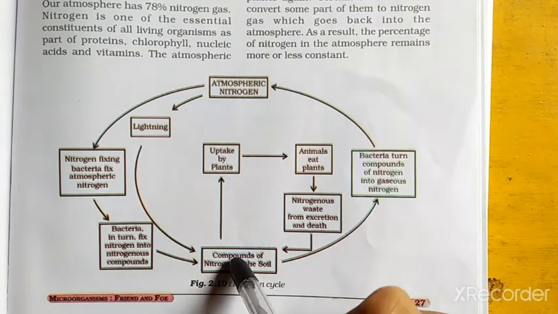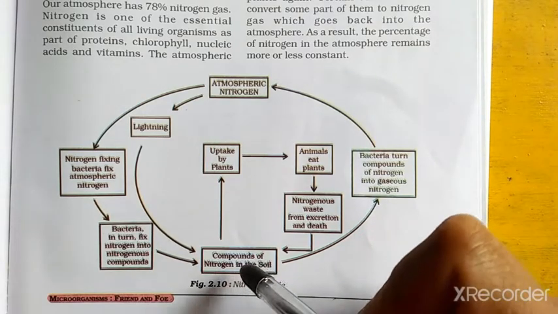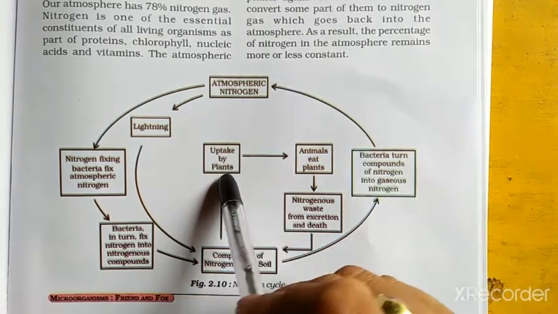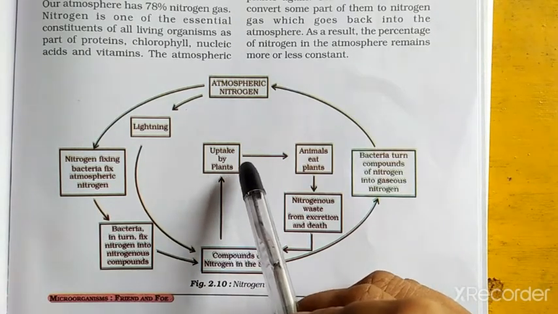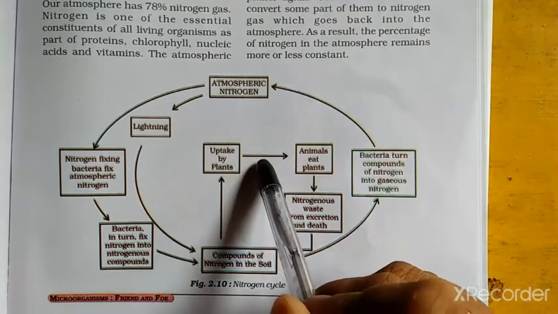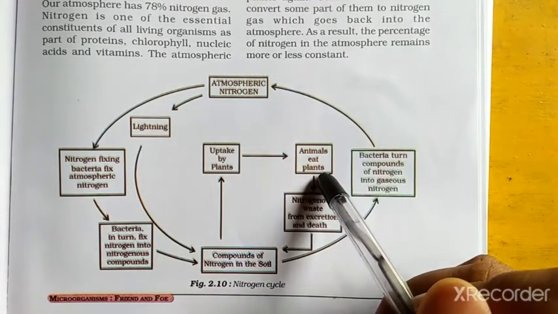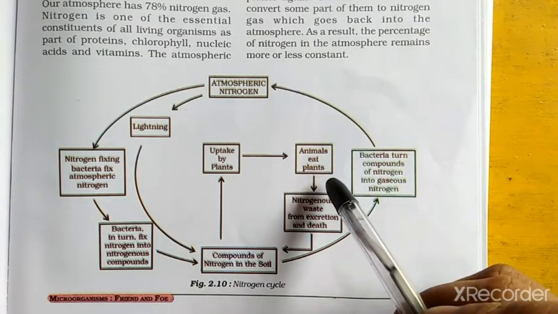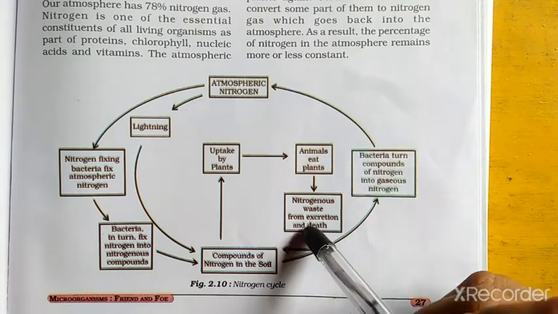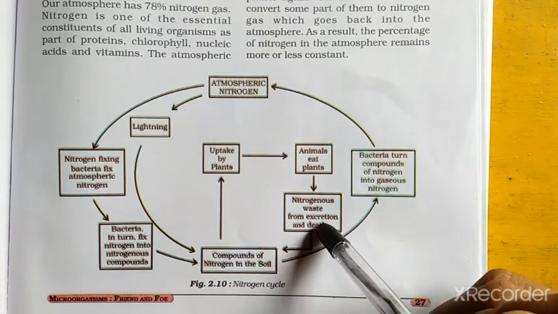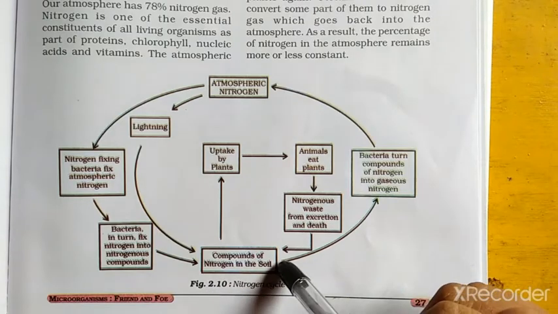Compounds of nitrogen in the soil are taken up by plants. Then animals eat plants. Nitrogenous waste from excretion and death goes back into the compounds of nitrogen in the soil.